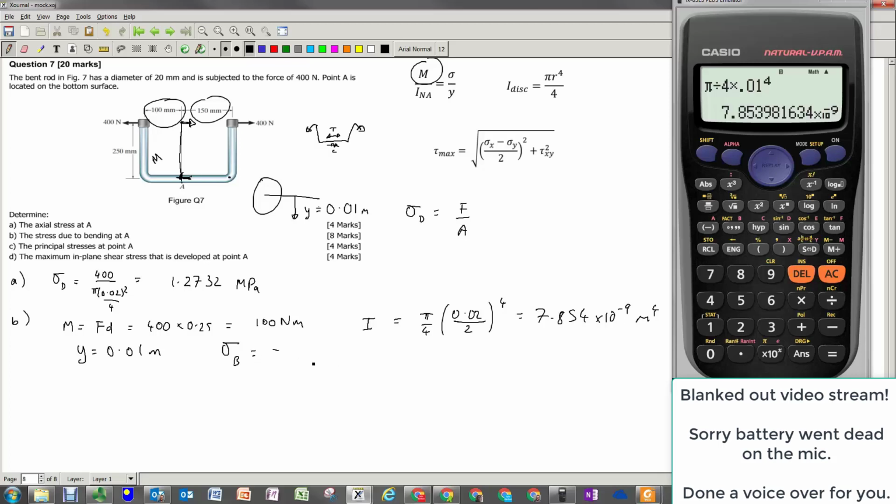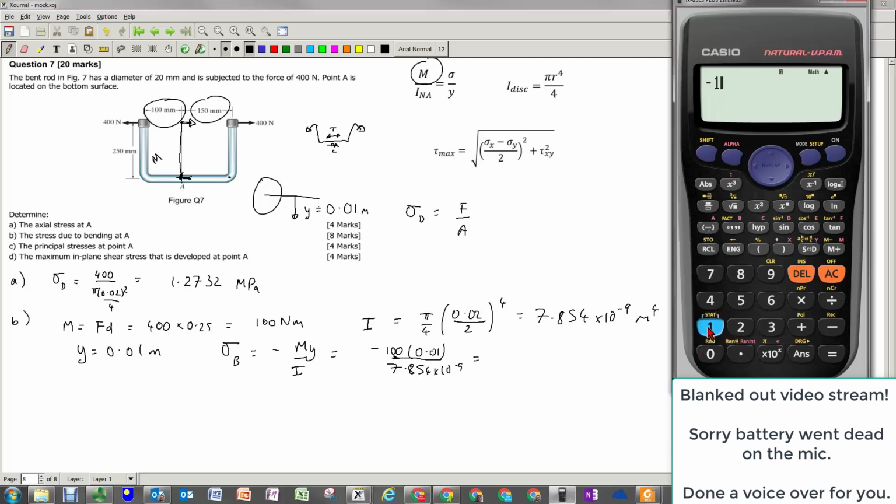We'll make a note that we expect this to be in compression, whereas the previous stress we expect to be in tension. So minus 100 times 0.01 divided by 7.854 times 10 to the minus 9, and that gives us a bending stress of what?